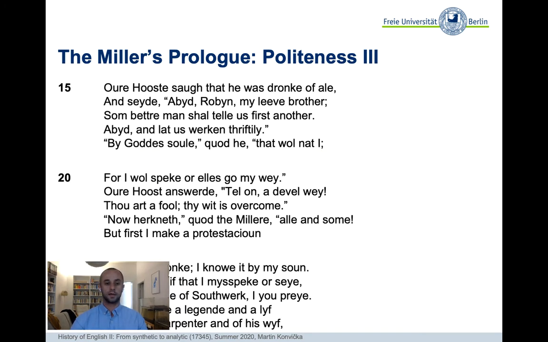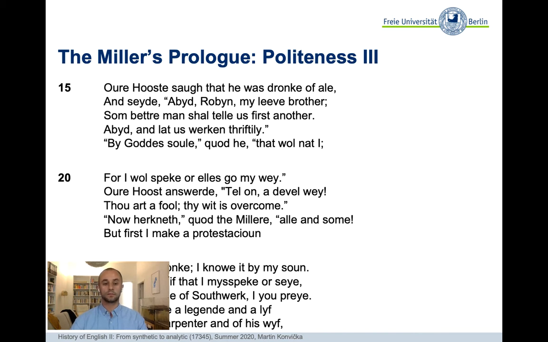Right, so let's turn to another example where the host speaks with a drunk miller, right? So the story behind this is that the host actually wants the monk to tell his tale, but then a drunk miller comes along and he wants to tell his own tale and not wait after the monk.